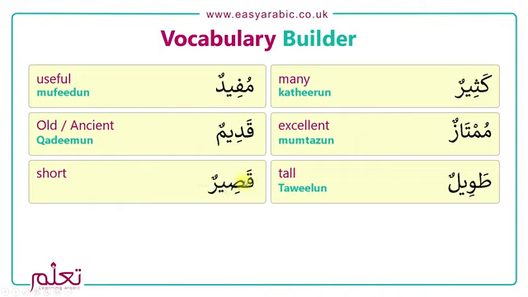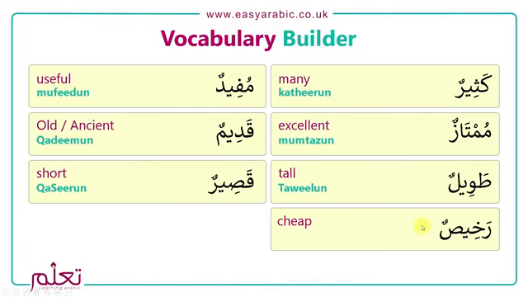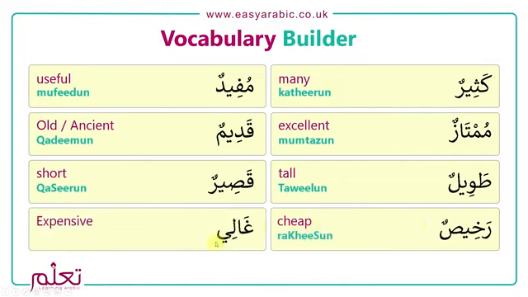Qasirun, which is short. Then rakhisun, which is cheap, and then ghali, which is expensive.